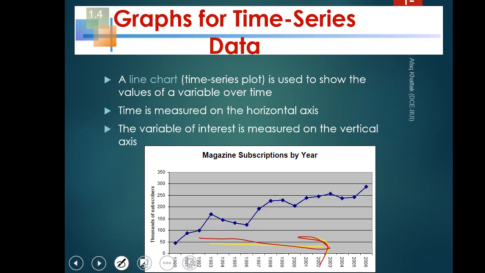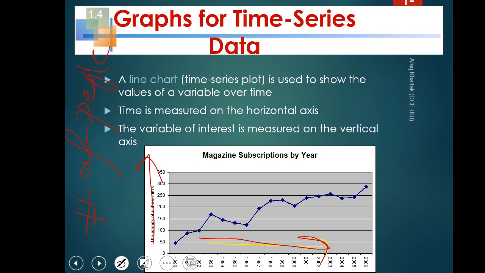And then on the y-axis we can take, for example, the number of people, or some other parameter of interest. So a line chart, a time series plot, is used to show the value of a variable over time.